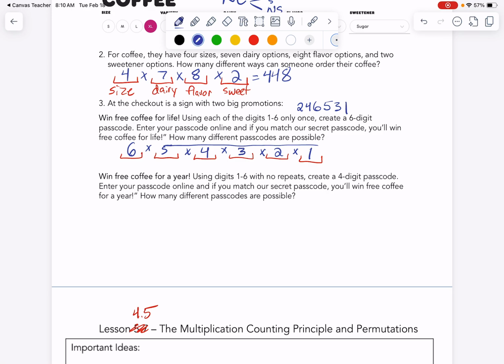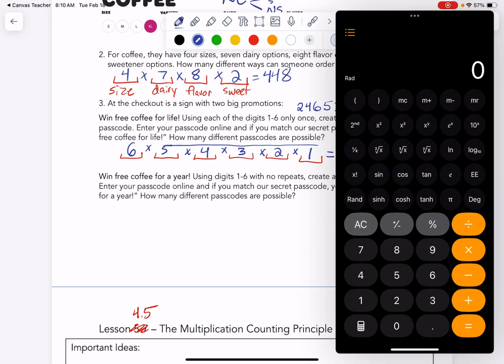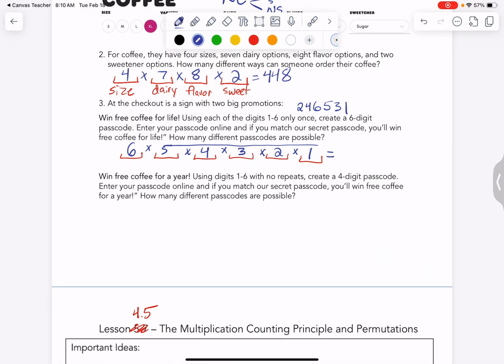So to figure out how many possible passcodes there are, I just multiply all those together. 6 times 5 times 4 times 3 times 2 times 1. And that gives me 720 different options.